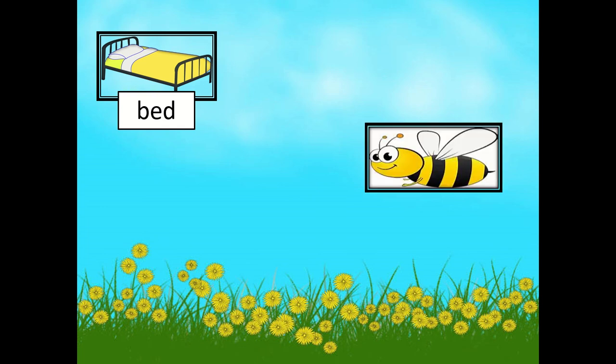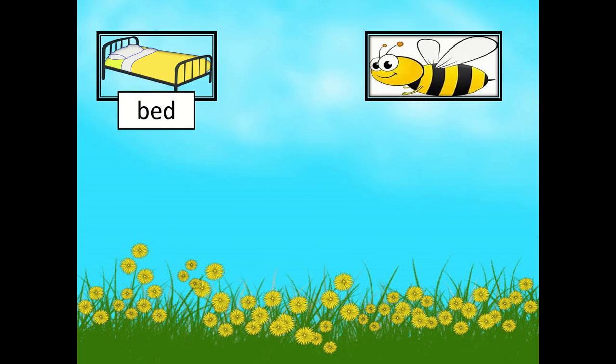Bed. On the other hand, we have the B. B. What sound do you hear? Do you hear the short sound E or the long sound E? Very good. It is the long sound of the letter E, which is E.